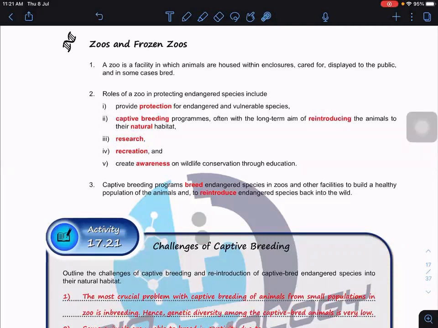So for research purposes, for example, what research? We want to research how to breed them better. We want to research their habitats and their requirements, so that we can build back or restore their natural habitats.